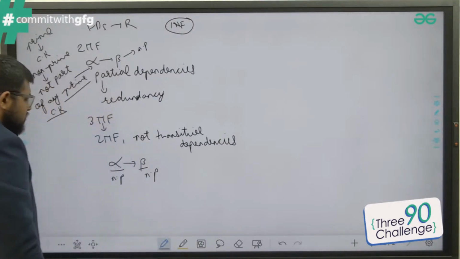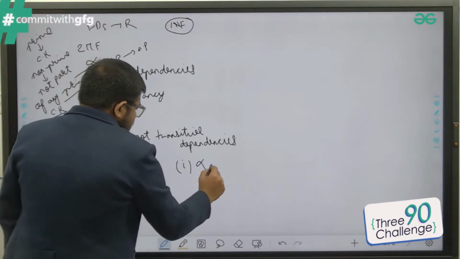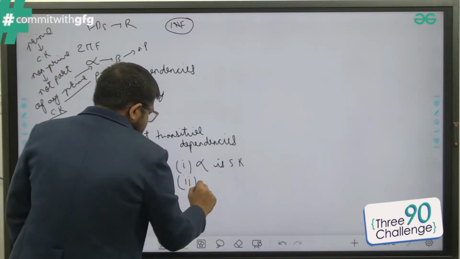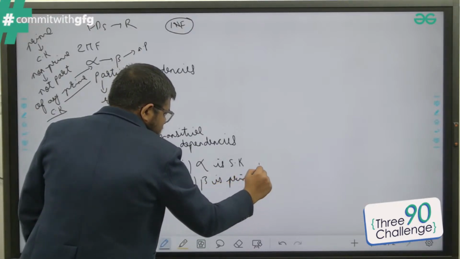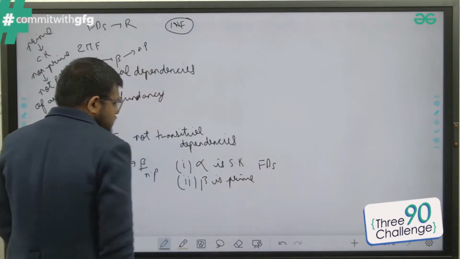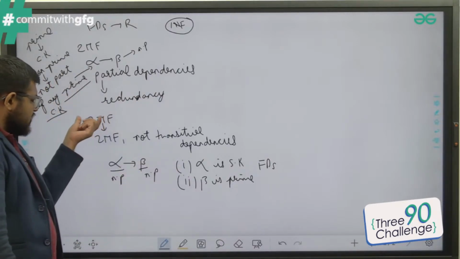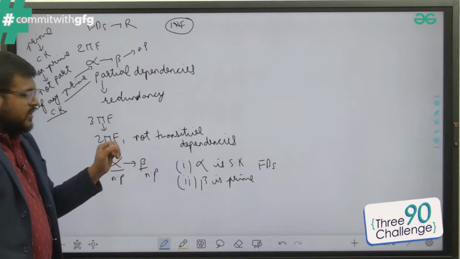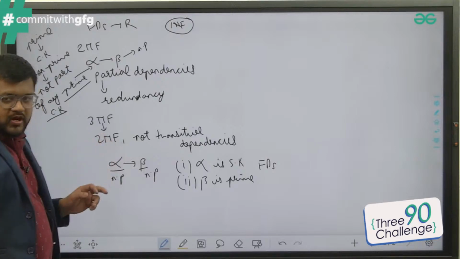How can you check for 3NF easily? There are two conditions. If alpha is a super key or beta is a prime attribute for all functional dependencies, then you say your table is in 3NF. Why can you check these two things? Because the meaning of 3NF is that the table must be in 2NF and it must not have transitive dependency. Transitive dependencies are when you have alpha to beta and alpha and beta both are non-prime.